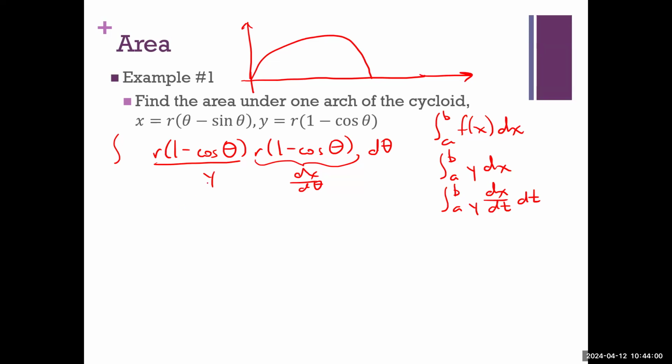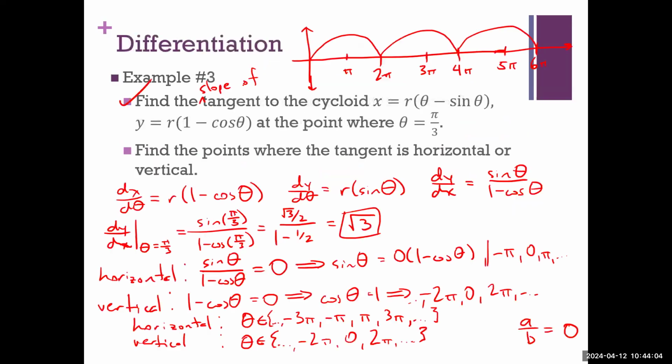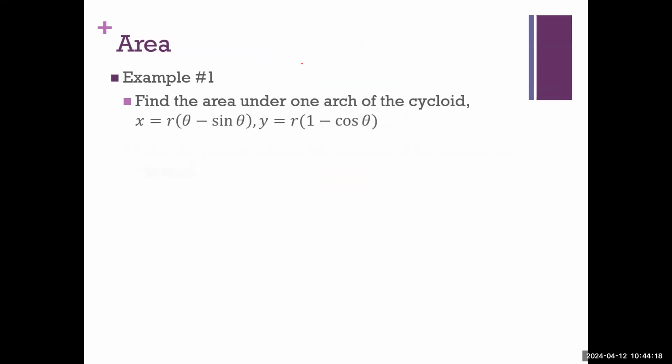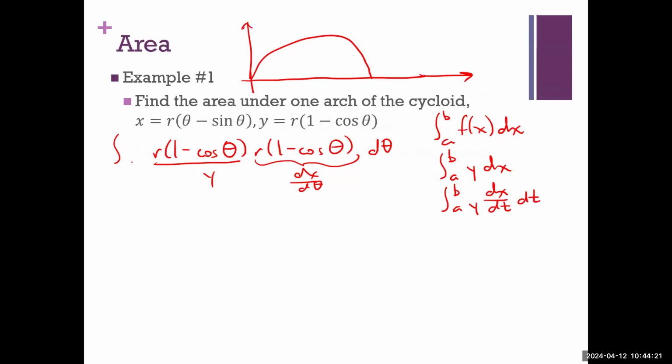How do you know it's 0 to 2 pi? Right, so finding those vertical tangents did in fact tell us how far apart the arches are, like where one ends and a new one begins. So we can absolutely use that information again to tell us that we are integrating from 0 to 2 pi. So here's the setup of the integral. Any questions with that so far?